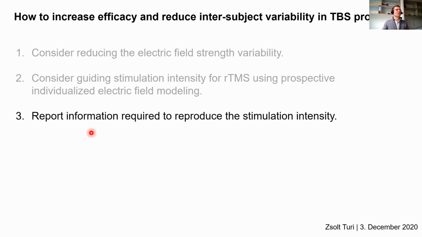I think it's very important for the field to report enough information which is required to reproduce the stimulation intensities in rTMS research. I think this is one crucial issue, and how we report the rTMS parameters in studies. There are many different parameters. I understand that it's extremely hard to find out which parameters are important to report.